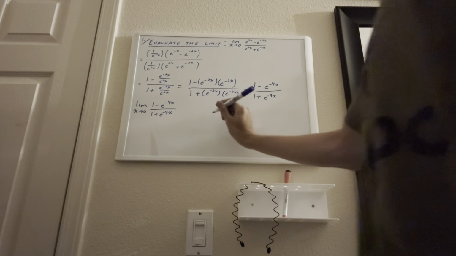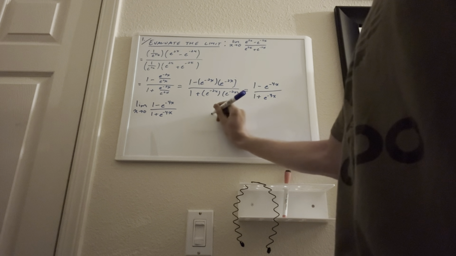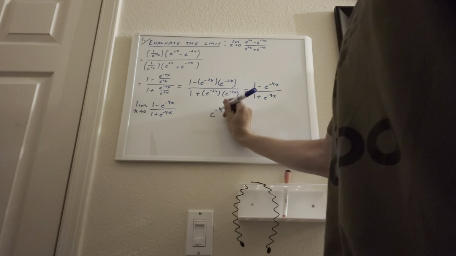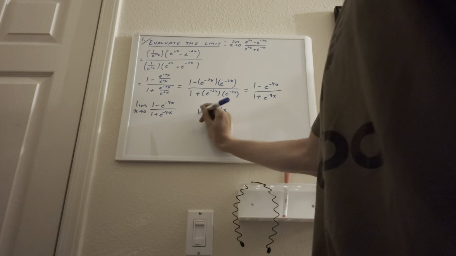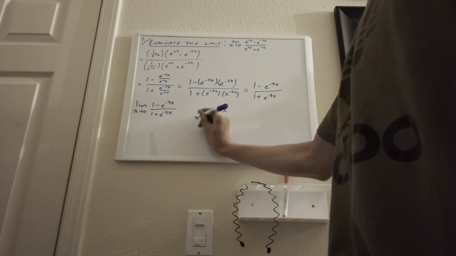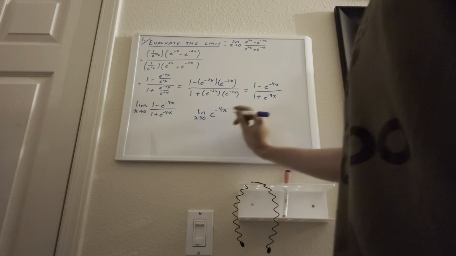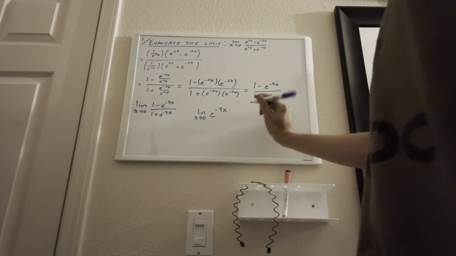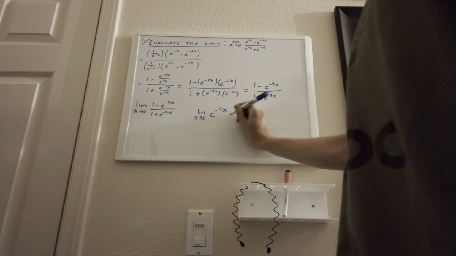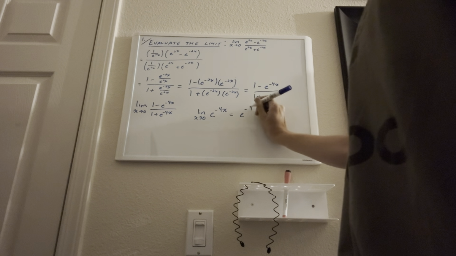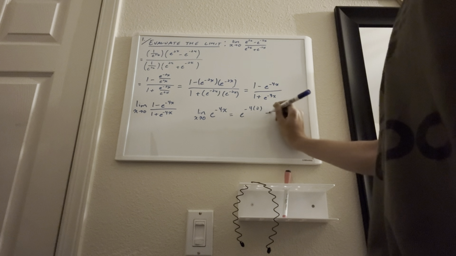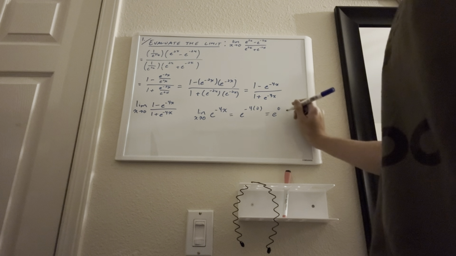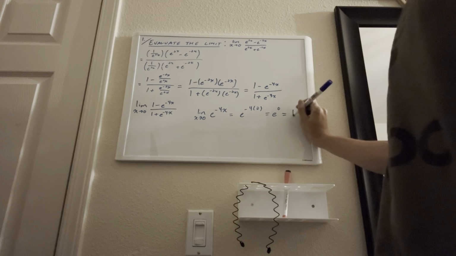We're taking the limit of that as x approaches 0. Now, if we just do basic substitution here, this is going to be e to the negative 4 times 0 equals e to the 0 equals 1.